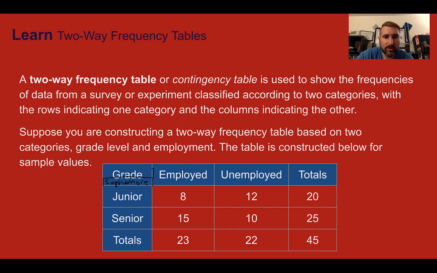If we had more room, we could add in another category for freshmen. So it doesn't just have to be 2 by 2. It could be 4 choices from one thing and 5 choices for another thing. A two-way frequency table just means there are two categories, not necessarily how many choices there are in that category.